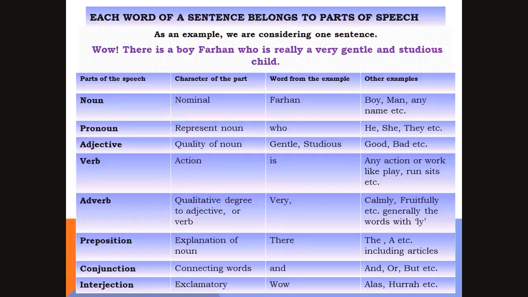It is not a direct verb, but it is helping to complete the sentence, and that's why these verbs are called auxiliary verbs. Any action or work like play, run, sit, all are called verbs.